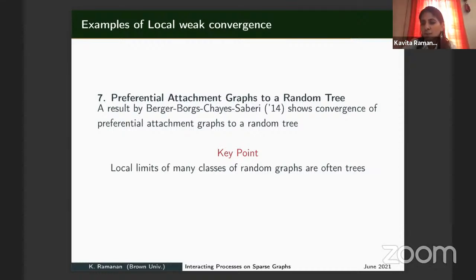So there are a lot of random graph models, which I'm not putting all of here, and if you're not familiar with those models, it's fine. Just the Erdős–Rényi is okay as an example. But there are many graph models that converge to random trees, in the limit, as local limits.